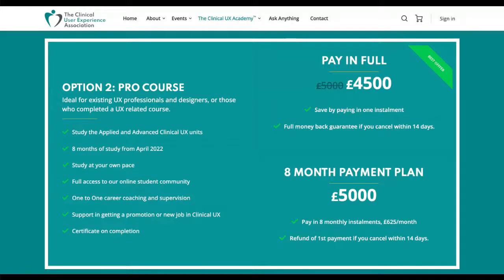This is 8 months of study. This is what a lot of students tend to do, is that they enter as a UX professional, and this will start from April of 2022. This is after the fundamental clinical UX unit has completed. And this is £4,500 in full for 8 months of study, or £625 every month for 8 months, or £5,000 in total on an 8-month payment plan.